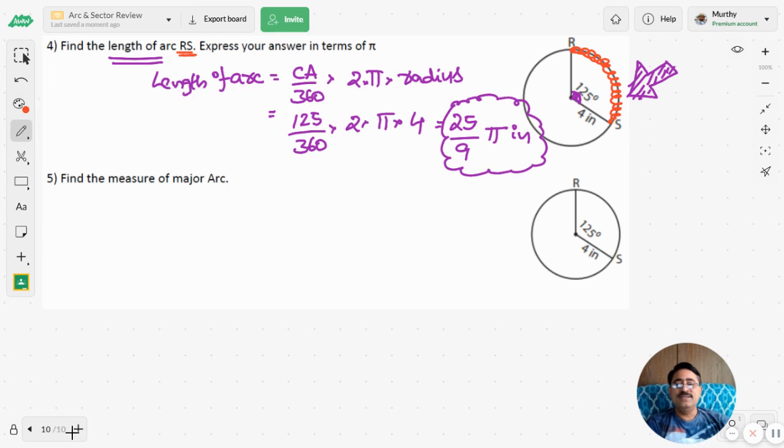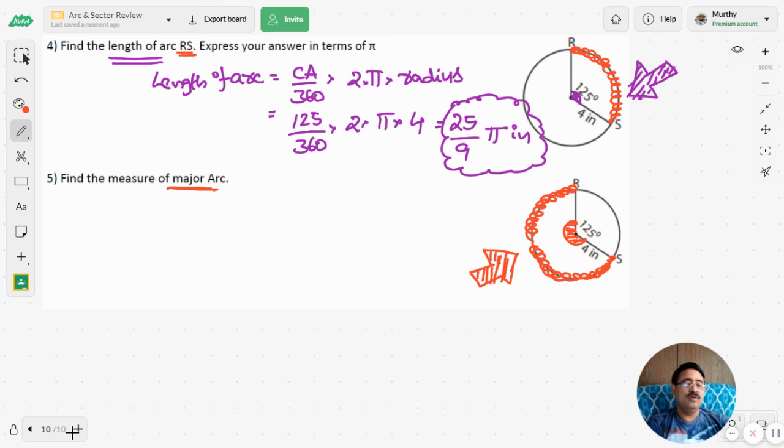The next question says major arc. Major arc means which is more than half circle. See, the question seems to be the same. Now, do I know the central angle of this figure?